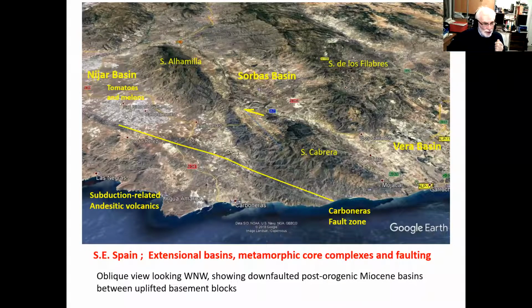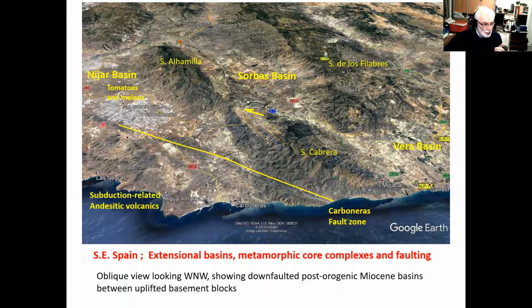So let's just take a closer look at some of the geological features of this particular corner, the bottom right-hand corner of Spain. It's about 50 kilometers or so, a bit more than that, from one side of this picture to the other. And we're looking more or less towards the west. So this is the coast, obviously. There we have the Carboneras fault zone. It forms a very well-marked linear feature on the ground.